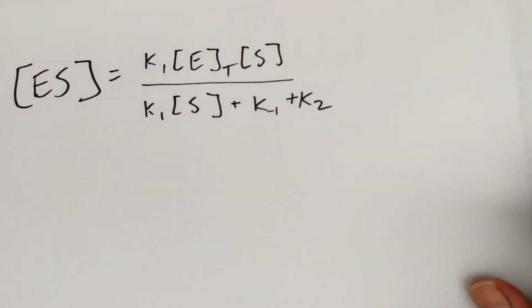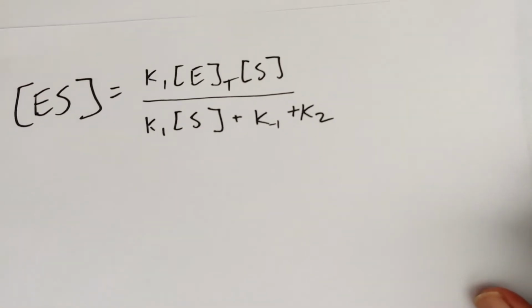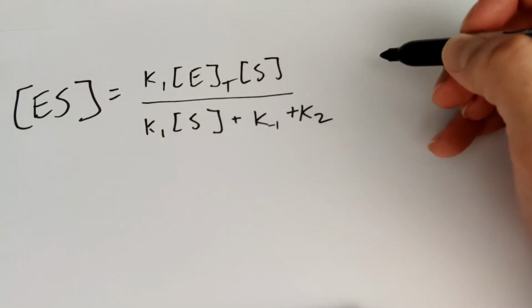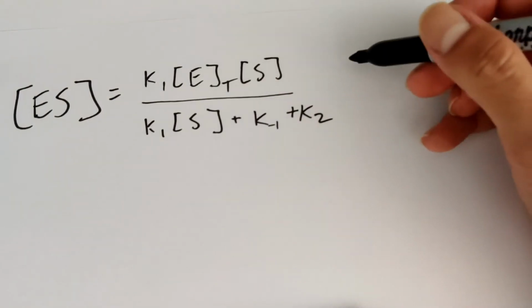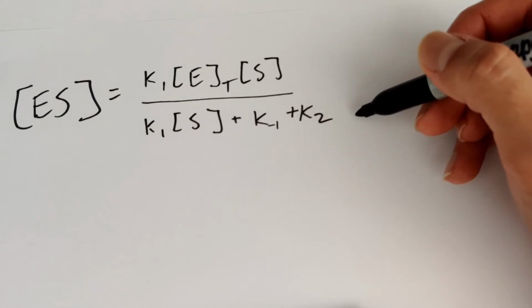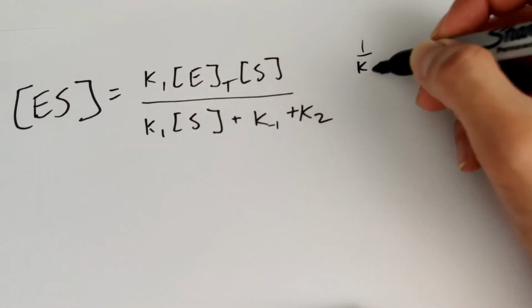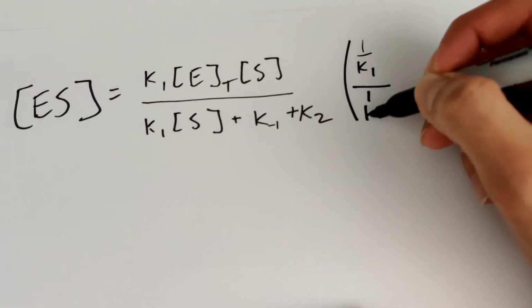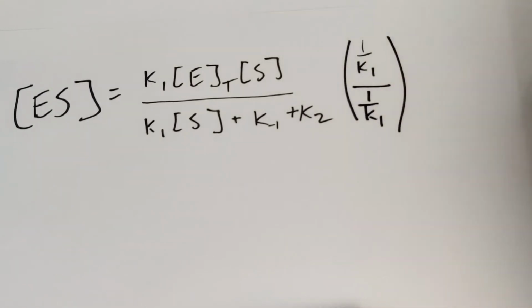So we're getting pretty close now to our final equation. But to do so, we need to divide the numerator and the denominator by K1. Okay?